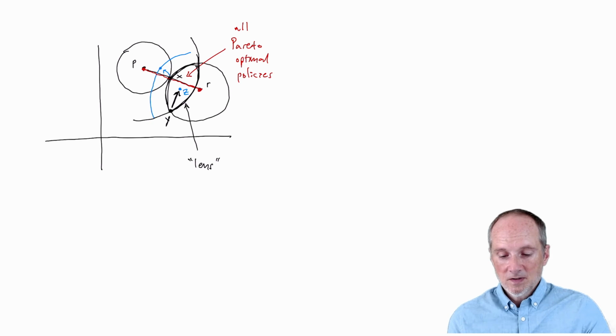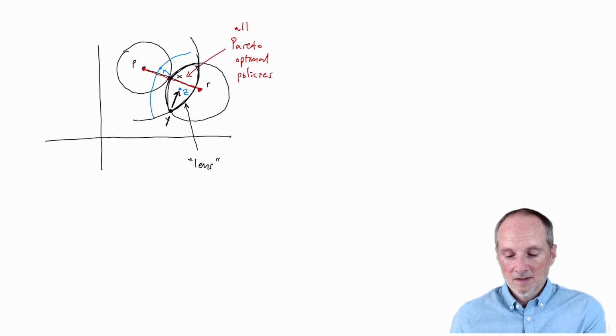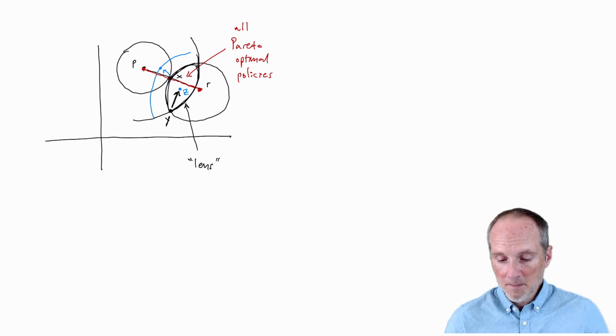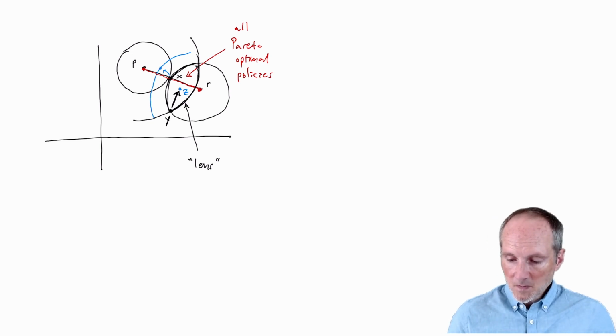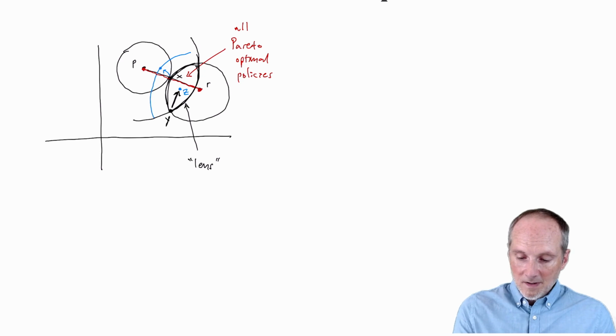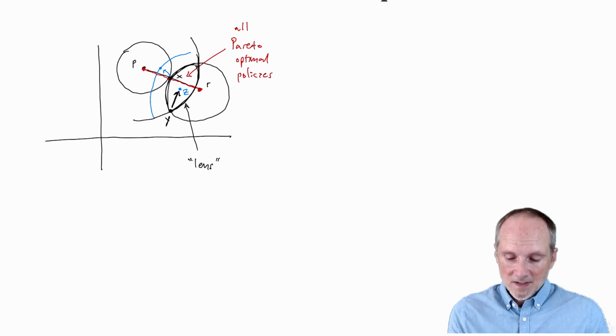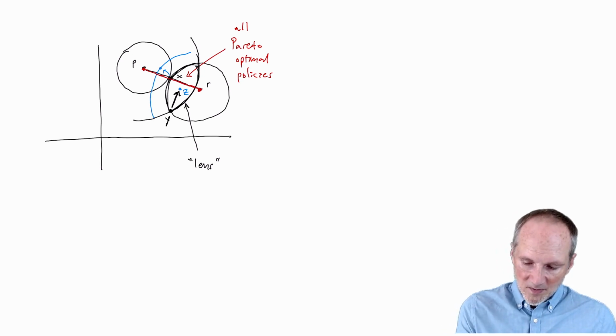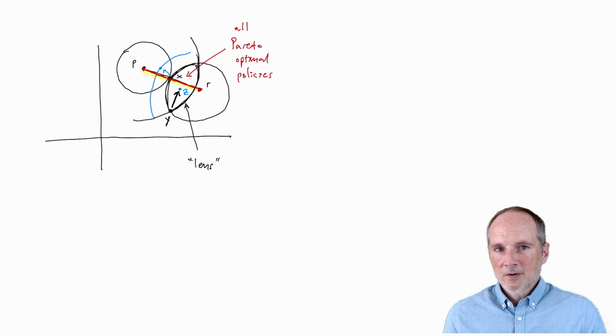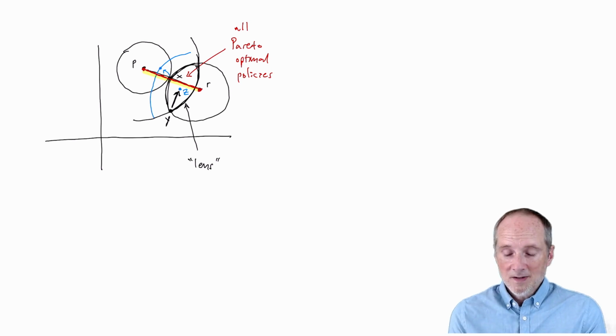Some are closer to the first guy, closer to P, and some are closer to the second guy because they're close to R. And you can certainly see that these two decision makers might agree that we should choose something Pareto optimal, so on this line segment, but they would have a hard time agreeing on which policy should be chosen.